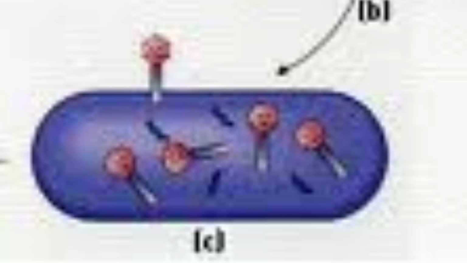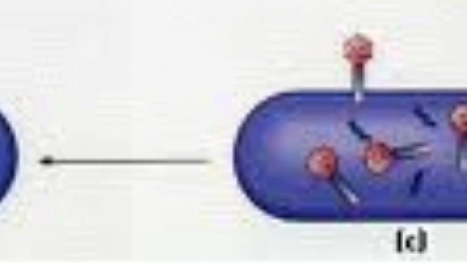Then, in the next step, the virus assembles its constituent parts into new viruses, making new copies of itself, just like the original virus that infected the cell.